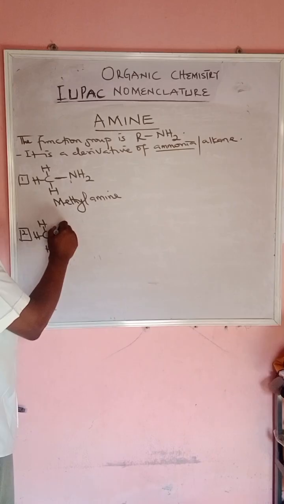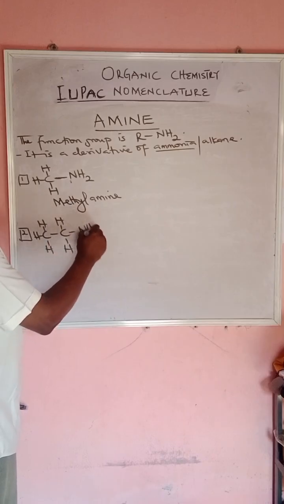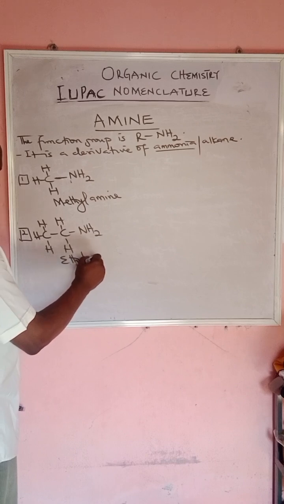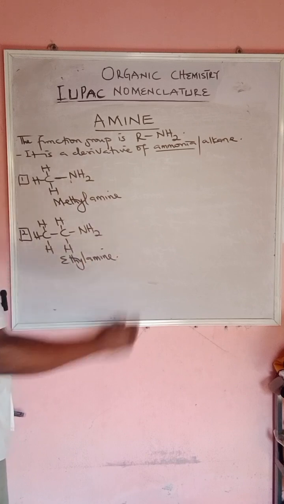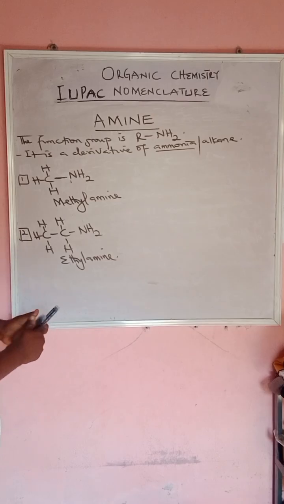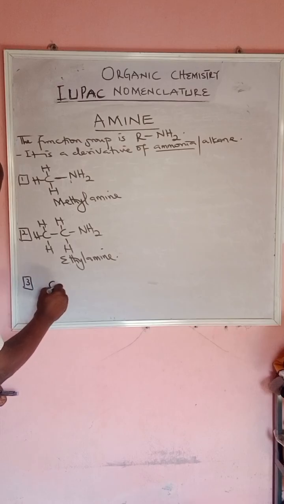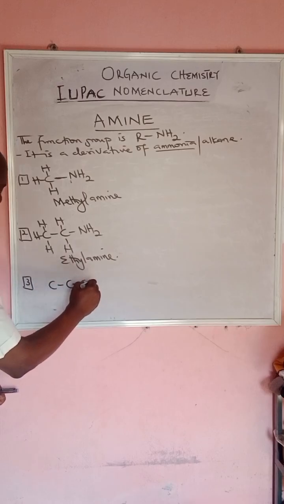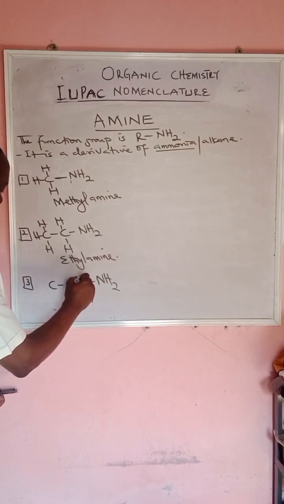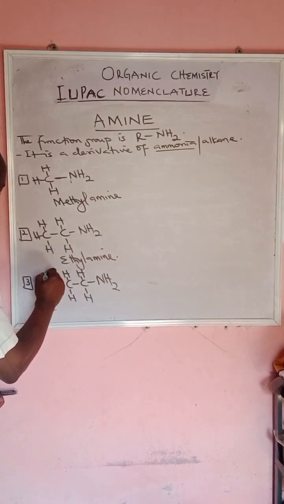This one will be ethylamine. So 3. If you have CCC and NH2 here, we have hydrogen. So this one will be propylamine.